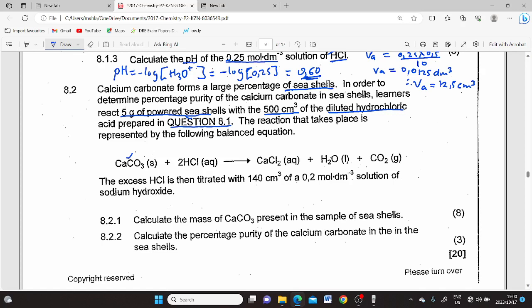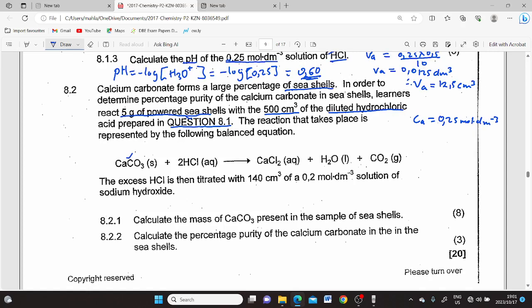Now we'll use the information in 8.1. We had a dilute acid, and the concentration of the dilute acid was 0.25 mole per decimeter cube.